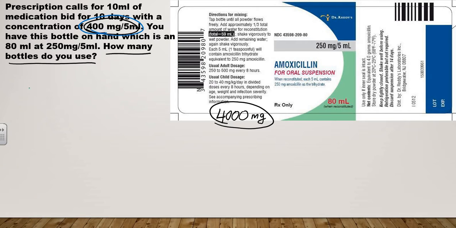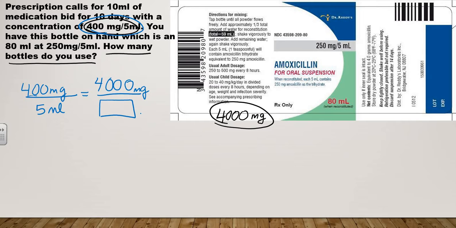The concentration you want is 400 milligrams to 5 milliliters. This bottle is going to give us 4,000 milligrams. And I want to know how many milliliters am I going to get out of it at that concentration.